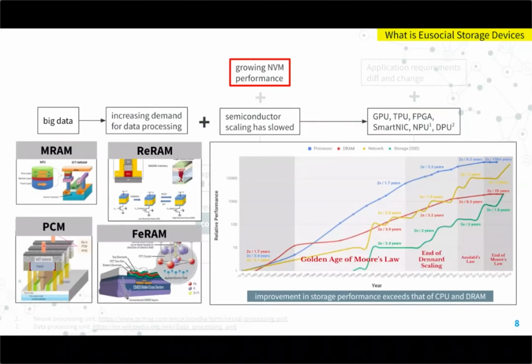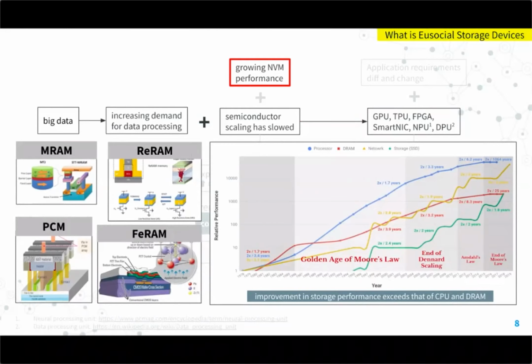While semiconductor scaling has slowed down, storage device performance is skyrocketing. The innovation of storage device performance with technologies such as MRAM, ReRAM, phase change memory, and VRAM actually creates a solid performance engine to continuously push forward the performance of storage devices.